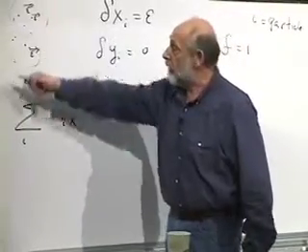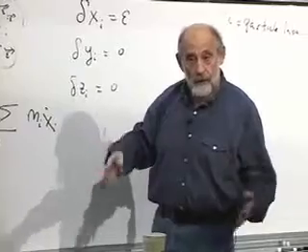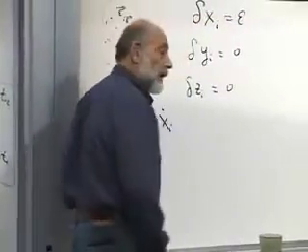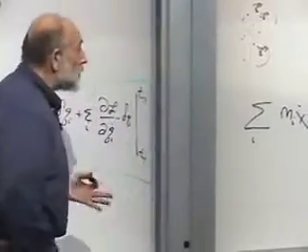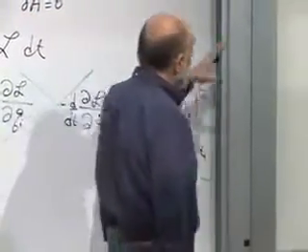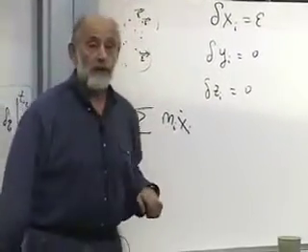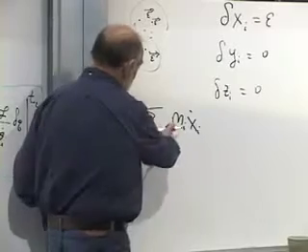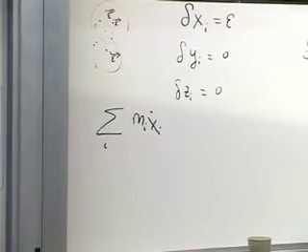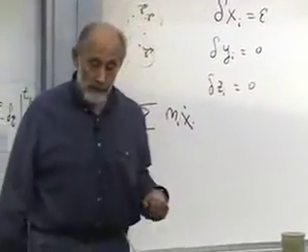But if we're talking about a closed, isolated system, then the potential energy will not change if you move the whole system. So just from the assumption of invariance under translating the system, we've derived the conservation of momentum. Of course, the same would be true for the y component of momentum and the z component of momentum.